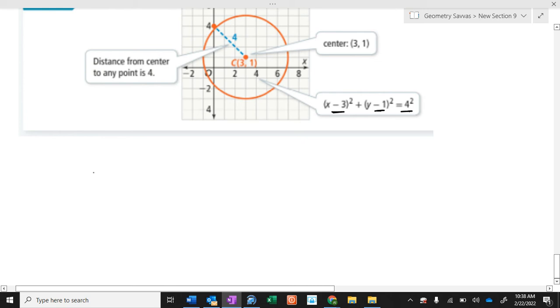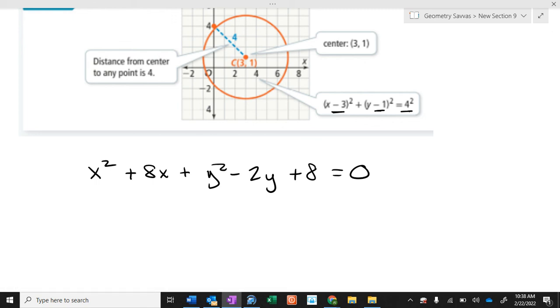Completing the square things. So if we have x squared plus 8x plus y squared plus or minus 2y plus 8 equals 0. Okay.